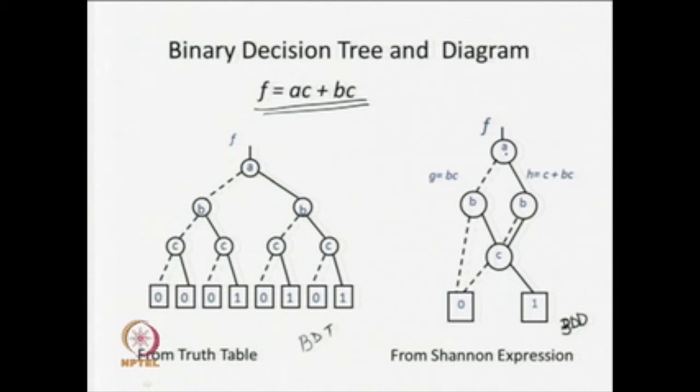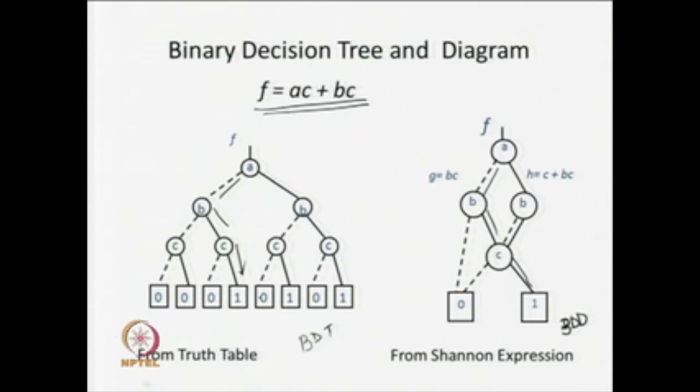Say if a equal to 0, b equal to 1, c equal to 1, the functional value is 1, and from both diagrams we can see this. So we have the BDT and the BDD, but both represent the same function, and the BDD gives a compact representation of the given function. They are equivalent.